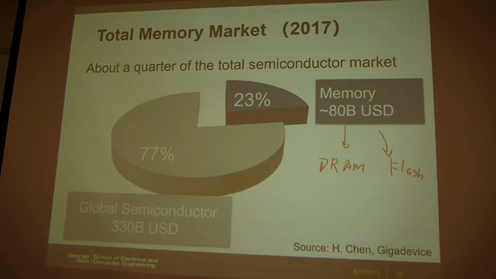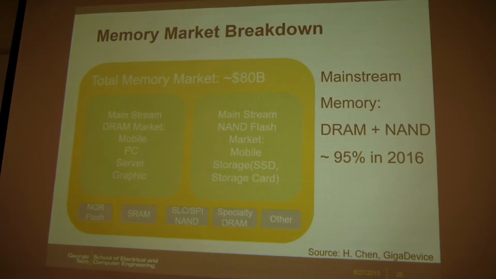So TSMC still does SRAM, right? Yes, because it's part of the logic, part of the processor. So it's embedded. Here this memory is standalone memory, which means DRAM or flash.